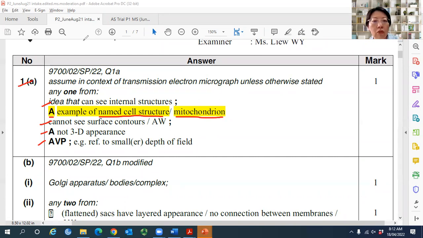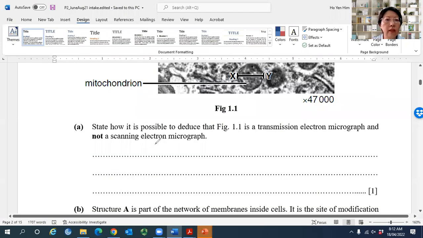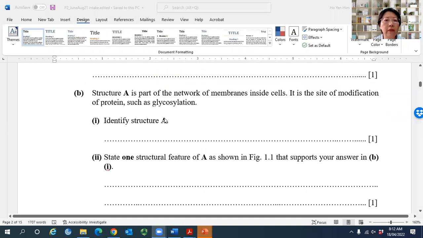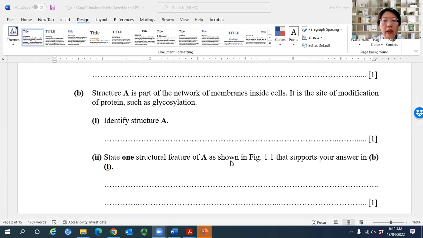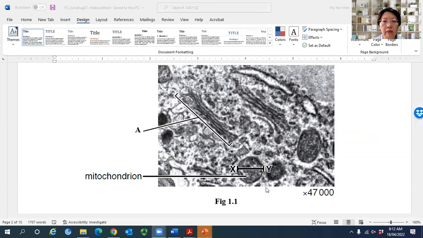Now, if you have any question, please stop me to discuss further. Next question: identify structure A and state one structural feature of A that supports your answer in B. So what is structure A? The answer is Golgi apparatus or Golgi body.